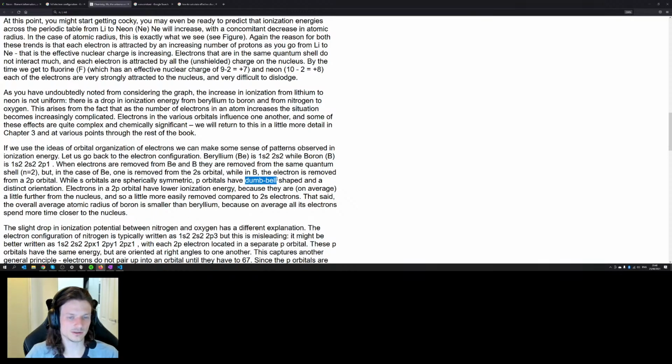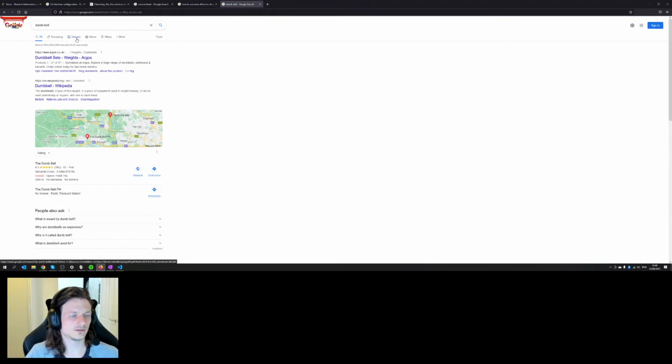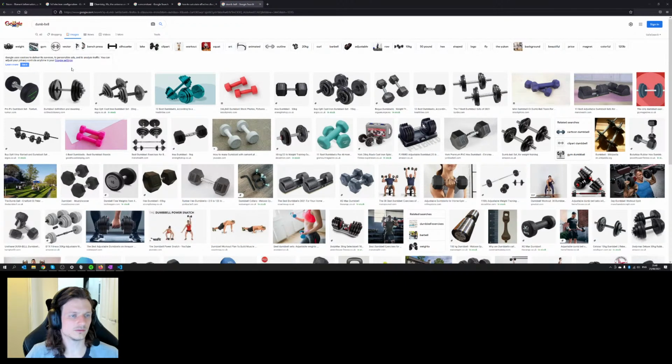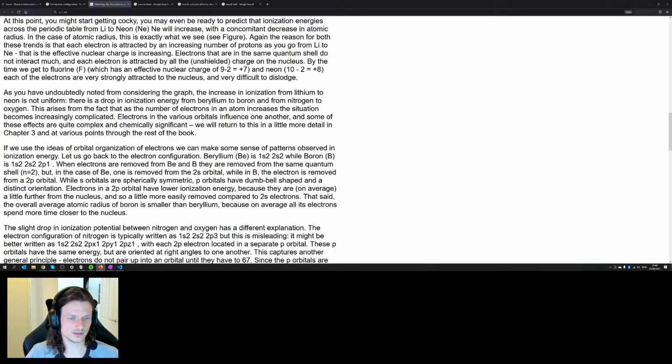Dumbbell. What's that? Oh, is that a dumbbell? Okay, I didn't know that. P orbitals have dumbbell shaped and a distinct orientation.